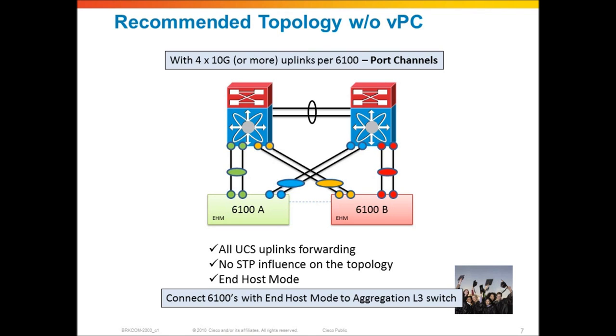So I get some of the benefits of port channel link resiliency and convergence for the port channels that I've created, as well as I also have upstream switch failure resiliency. So if any of these upstream switches fails, we'll have end host mode engage with dynamic repinning and gratuitous ARPs to handle those failures. And we have all links forwarding for all VLANs. All logical uplinks are forwarding on all VLANs, and that's thanks to end host mode and dynamic pinning.